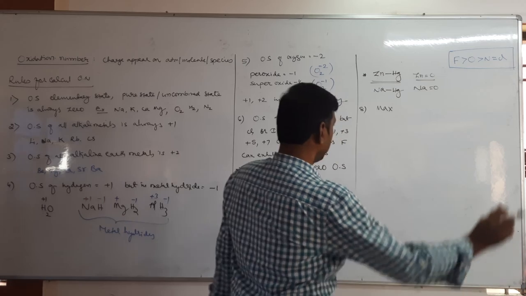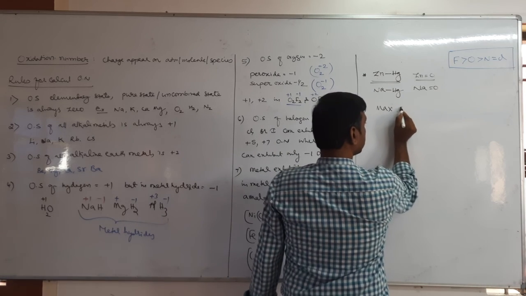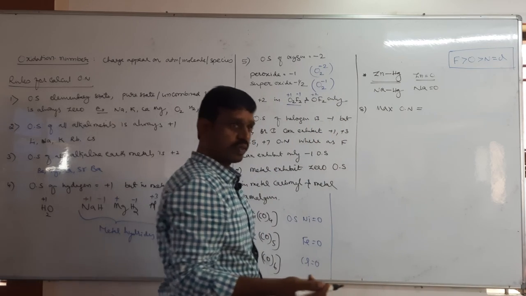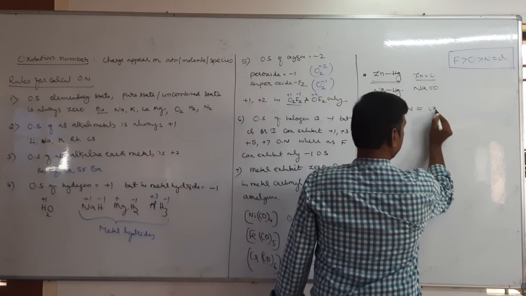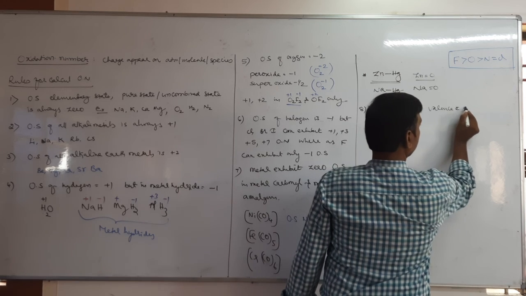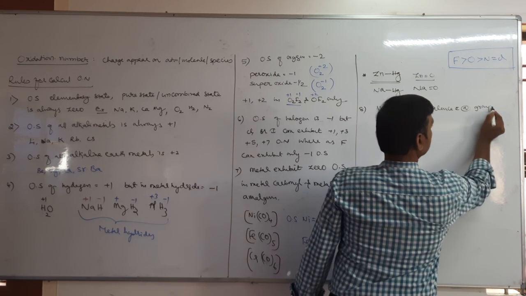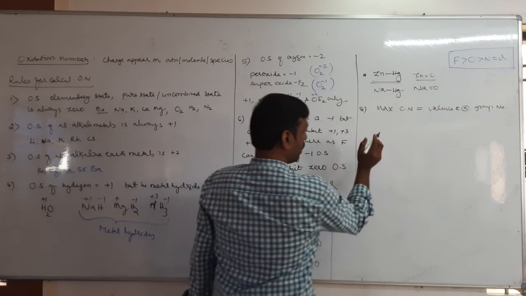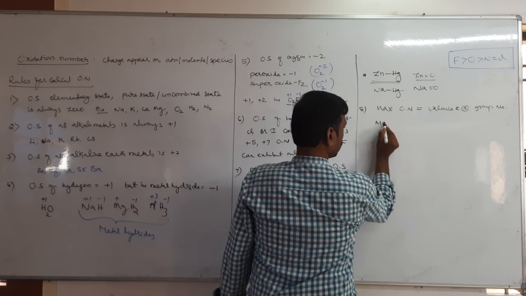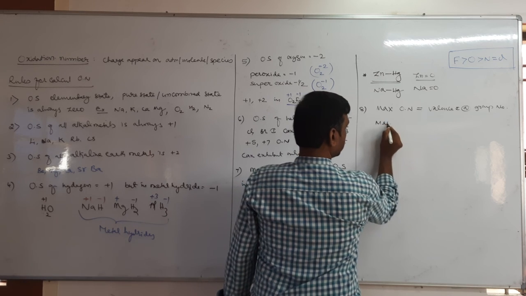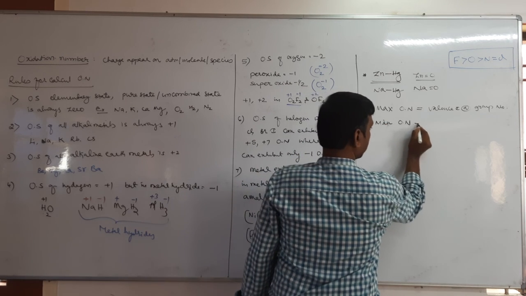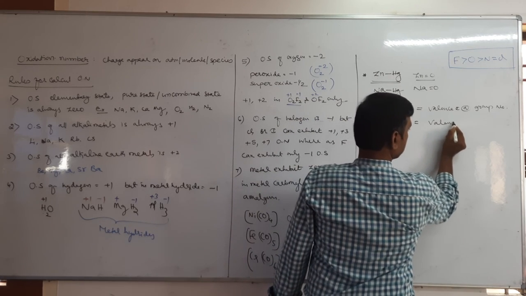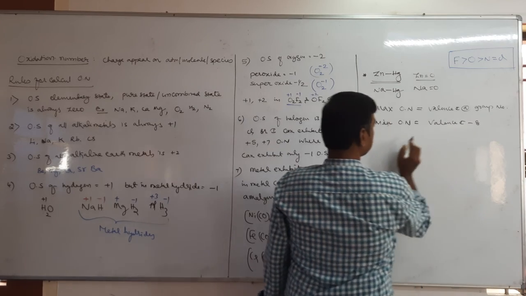So the 8th point: the maximum oxidation number of any element is equal to valence electrons, or group number. Similarly, the minimum oxidation state is equal to valence electrons minus 8. Important.